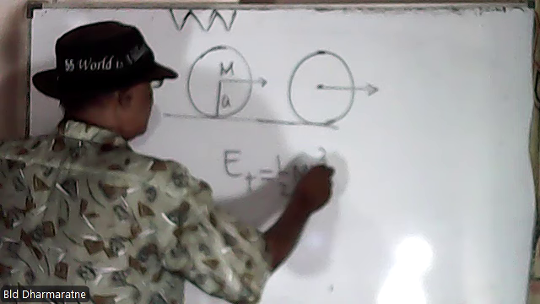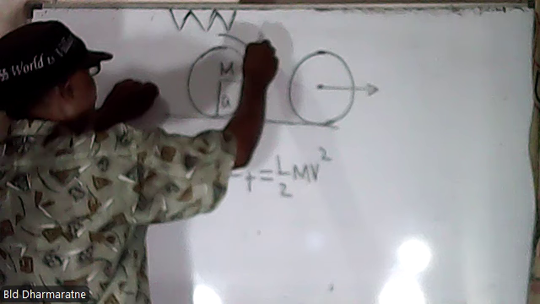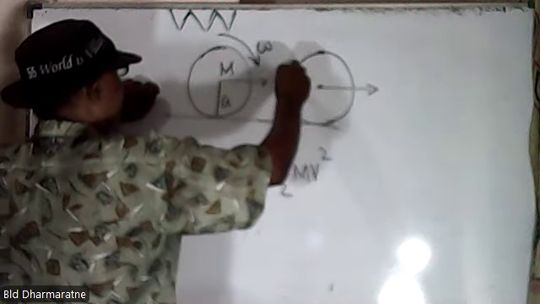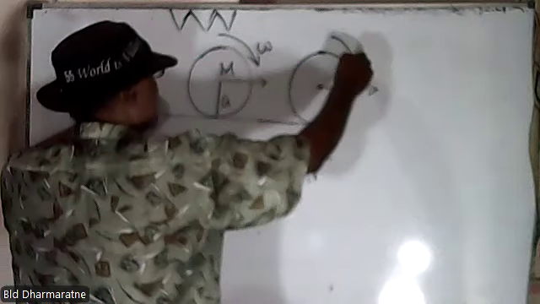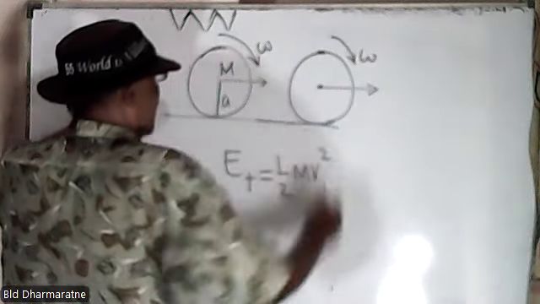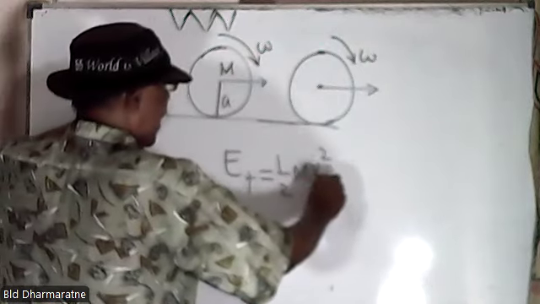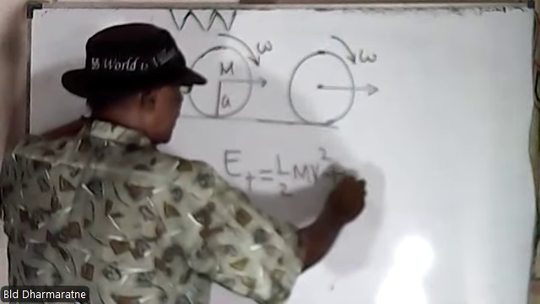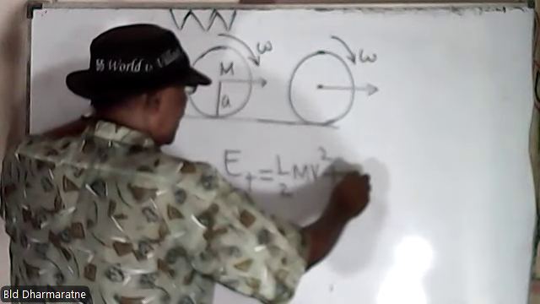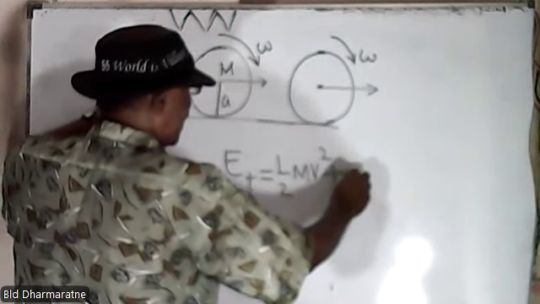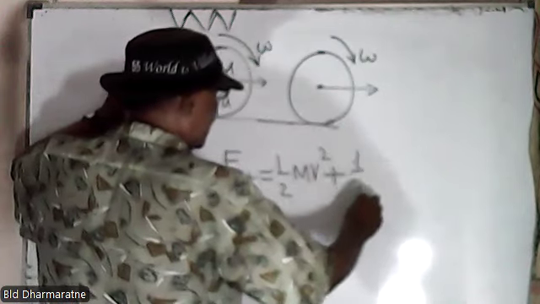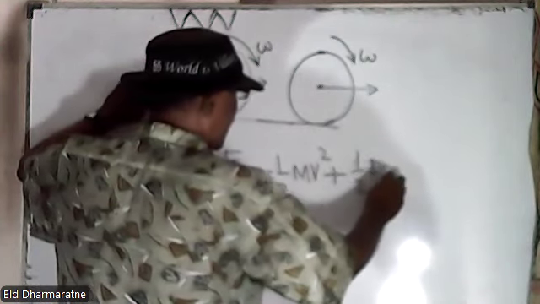Due to the rolling, there is also angular velocity omega, the same omega, not changing. The angular kinetic energy is half I omega squared.